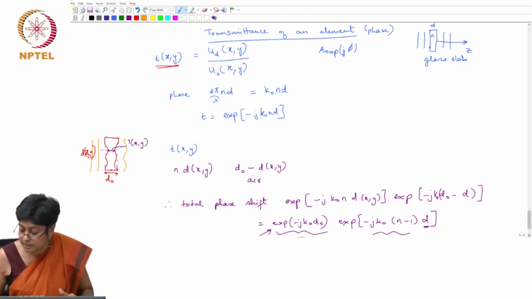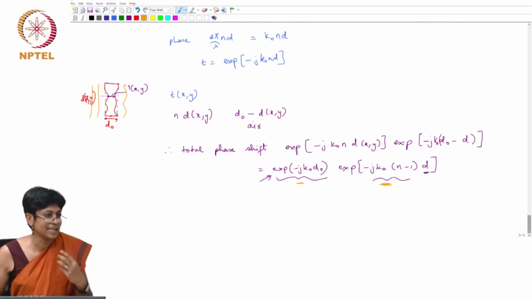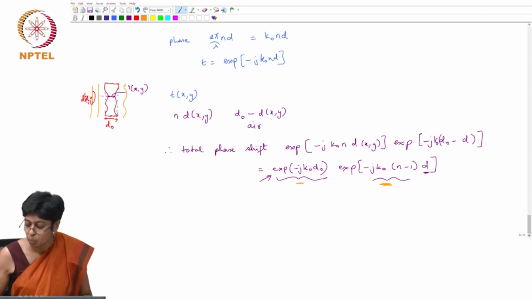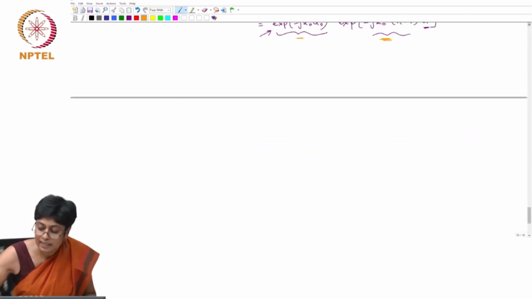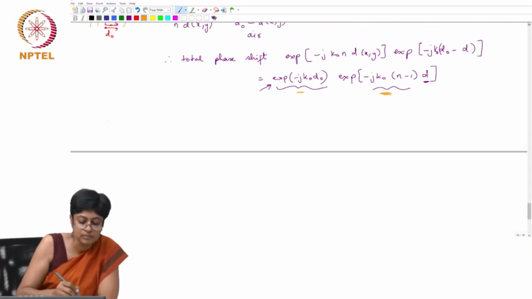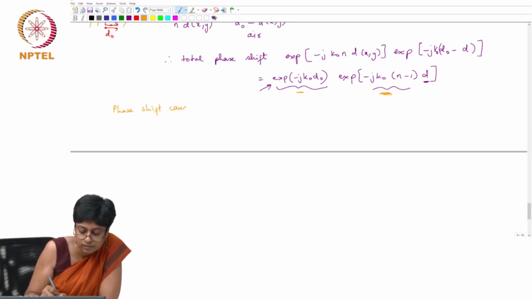Now, why are we going step by step like this? Because of course, finally, we are not usually using elements of random thickness. What we are using will be an element of some known shape like a lens. So I want to know what is the phase shift caused by a lens.